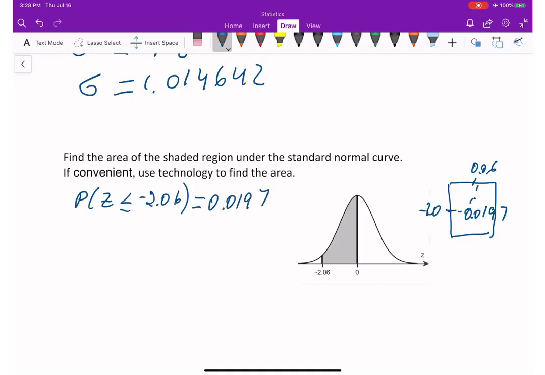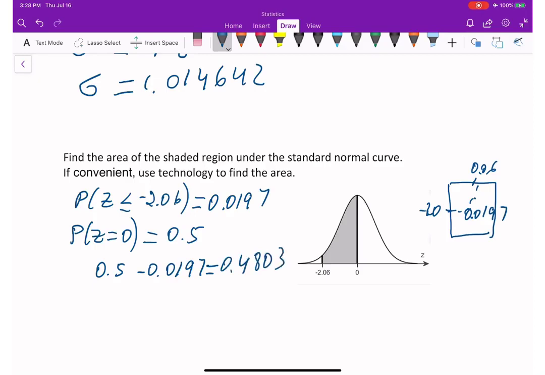Now z-score equal 0. When z-score is equal to 0, that's the average, which is going to be 0.5, 50%. And to find the probability of the shaded area, we need to subtract from each other. So 0.5 minus 0.0197, and we get the answer 0.4803.